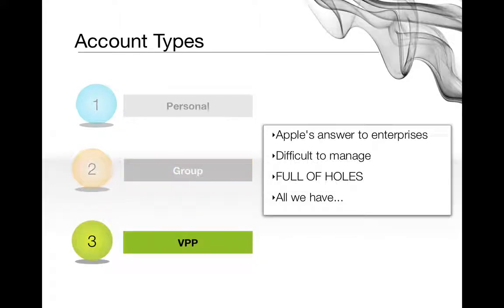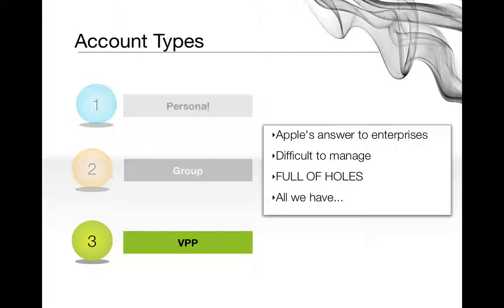To solve that, Apple created the volume purchase program. It's their answer to enterprise deployments. It allows you to purchase apps tax-free if you're a school district, with volume discounts in groups of 20 or more. So it sounds perfect.